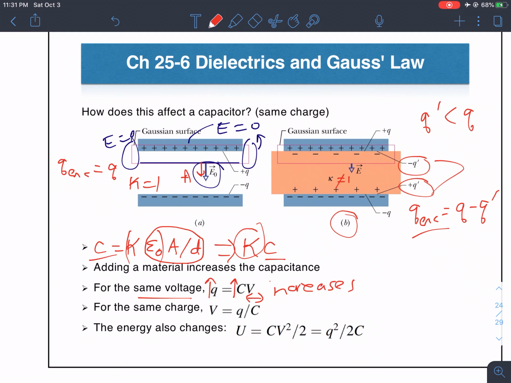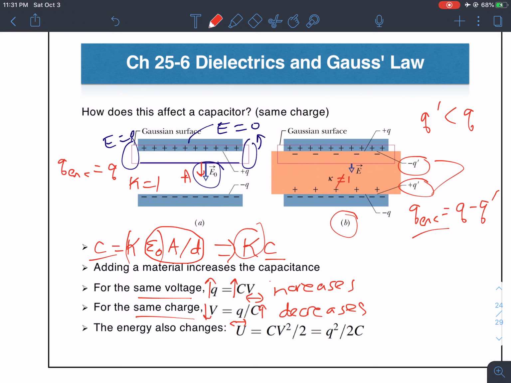If there's the same charge, now the voltage is Q over C. We said that C goes up, and the charge is the same, so you can see that voltage is going to decrease. And the energy also changes, but how it changes depends on what is constant and what is changing.